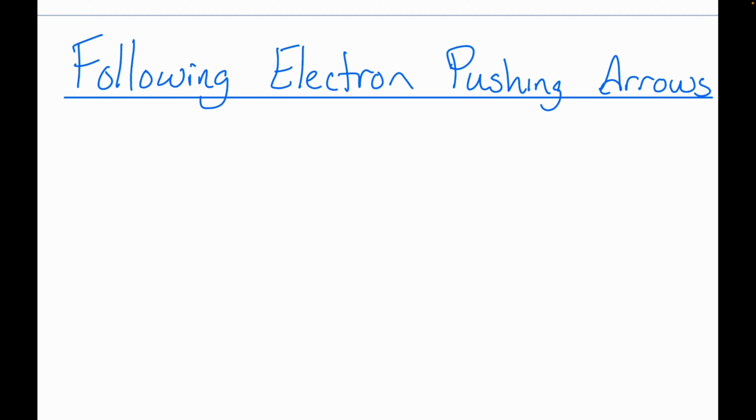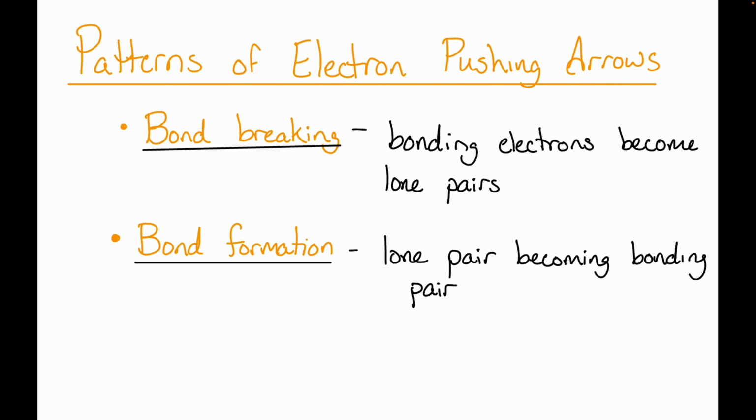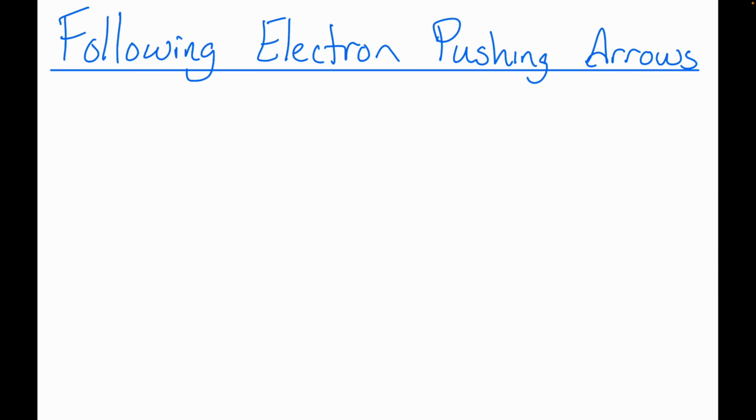Okay, and let me just say what you want to try to do is first look at that electron pushing arrow and categorize it as being either a bond breaking arrow or a bond formation arrow. Whichever one of those two categories it's going to fall into, that's going to help you better understand how to draw your product.